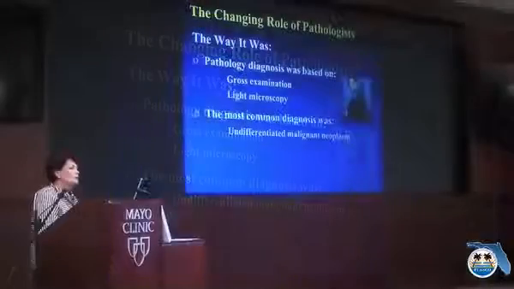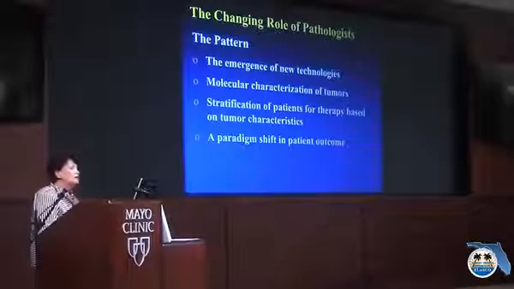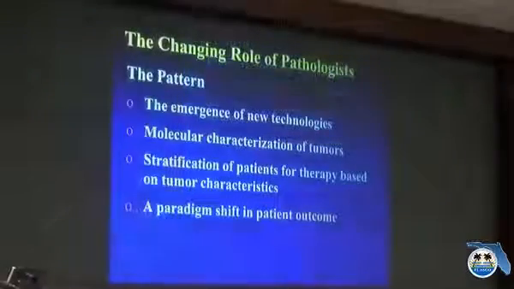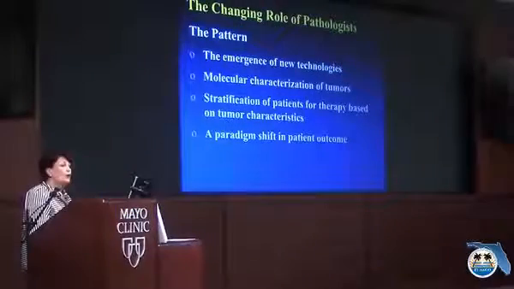There was no more information about the nature of the disease and what to do with it. So through the years came the emergence of new technologies, molecular characterization of tumors, stratification of therapy based on tumor characteristics, and a paradigm shift in patient care and patient outcome.